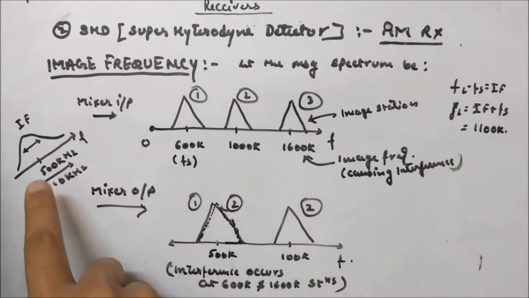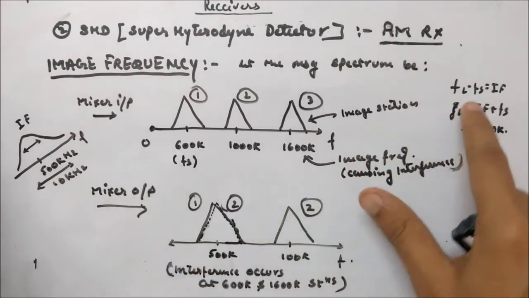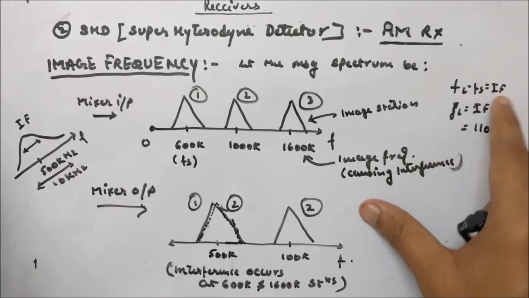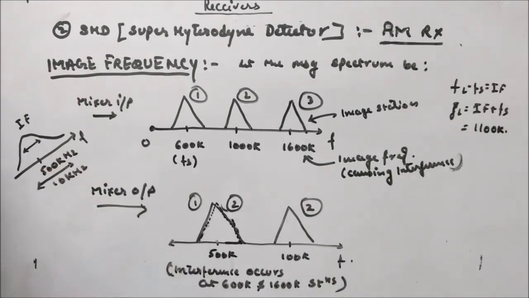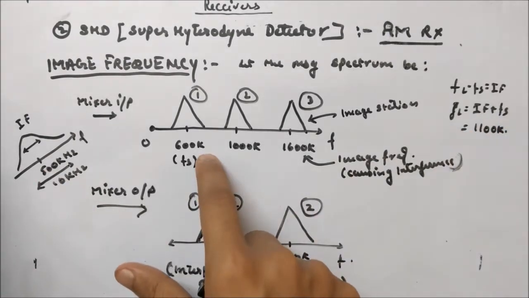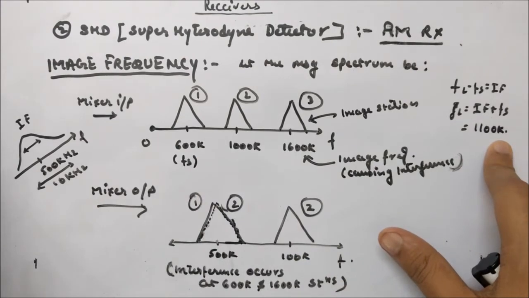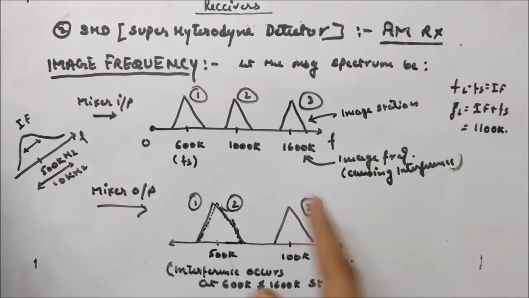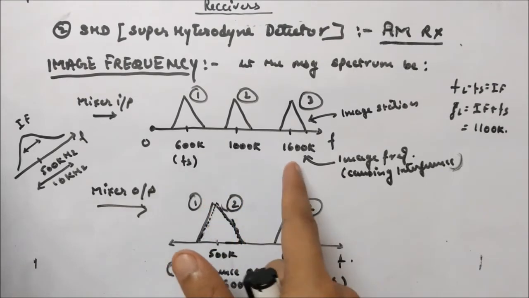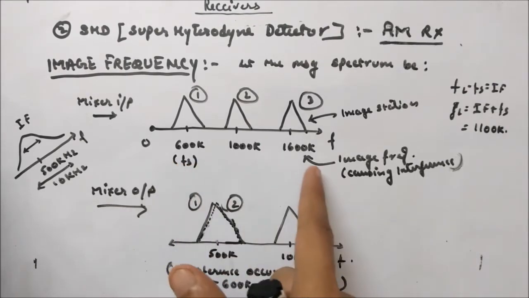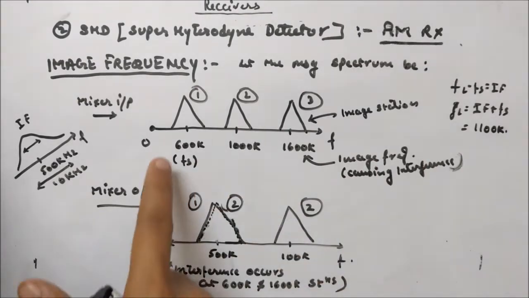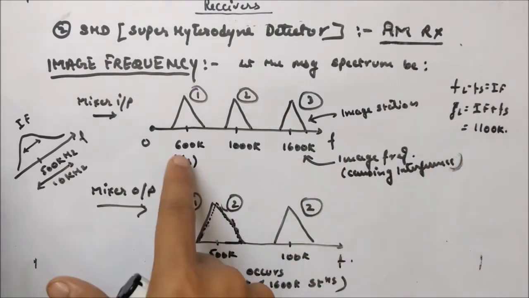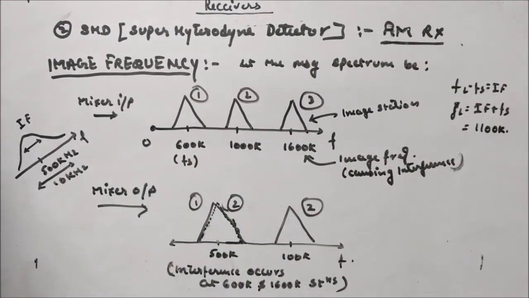Since you want your output of the mixer to be centered at 500 kilohertz, your FL minus FS is IF, so FL can be calculated as IF plus FS, where IF will be 500 kilohertz and FS, you know, is 600 kilohertz, so FL will be equal to 1100 kilohertz. This means the mixer will down convert each and every center frequency by doing FL minus FS, because of down conversion.